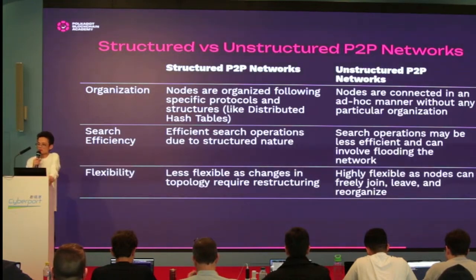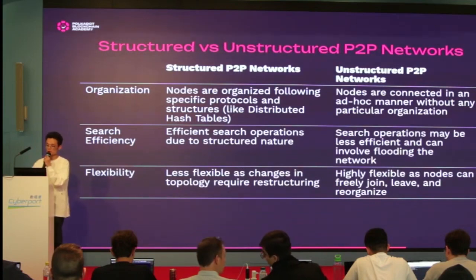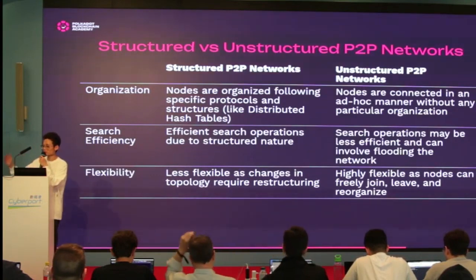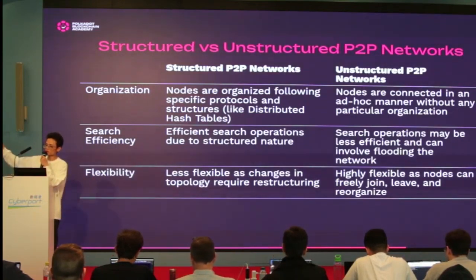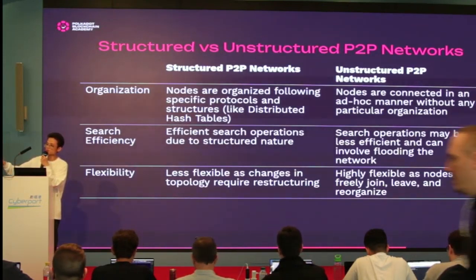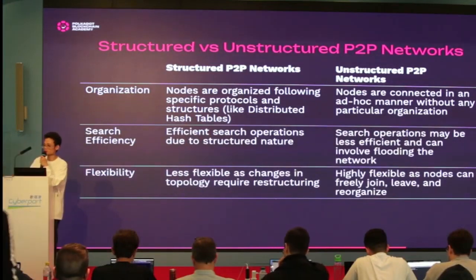What you just said. Another example of a structured network will be, for example, the Bitcoin or Ethereum bootstrapping node. The bootstrapping node is also due to the protocol. Whenever you are connected to the Bitcoin or Ethereum network for the first time, you will be connected to the bootstrap node. You will request the peers or the nodes that are in such a network, and then you will be connected to such nodes.